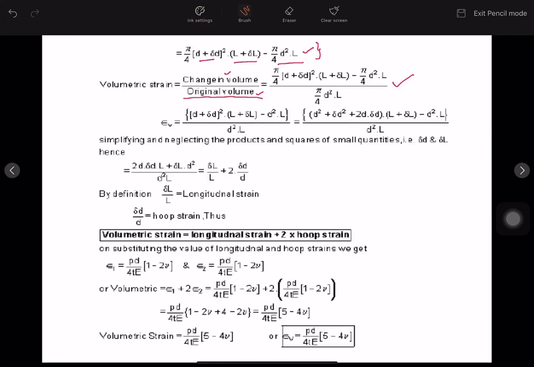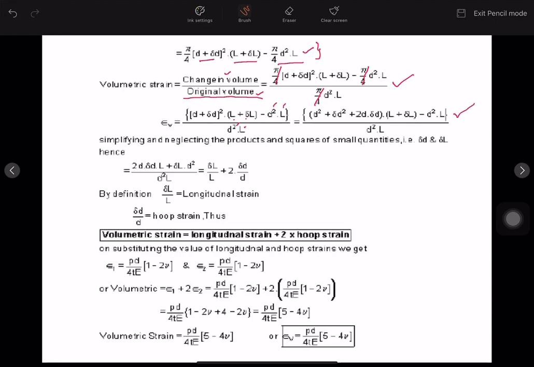After substitution and taking certain common terms outside, pi by 4 gets cancelled and the rest of the things are written here: (D plus delta D) whole square into (L plus delta L) minus D square L, divided by D square into L. After multiplication, we get this particular equation.